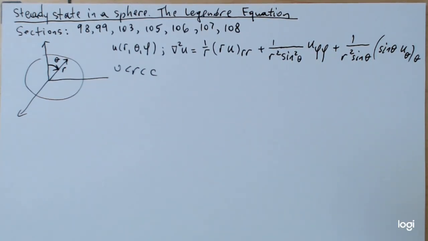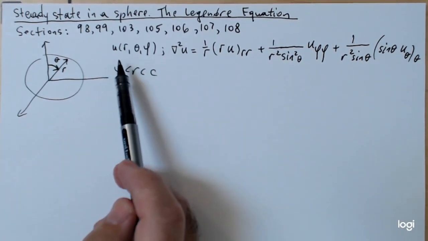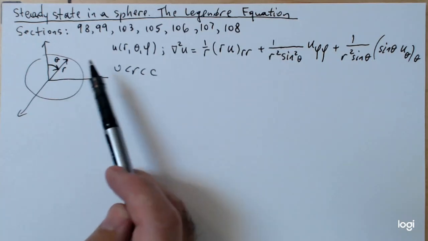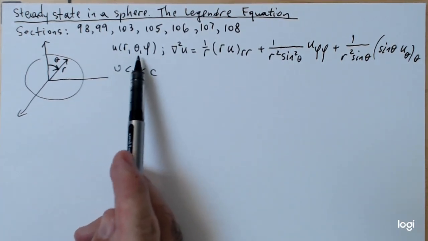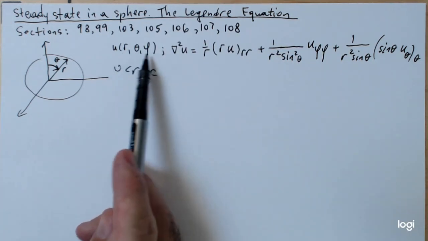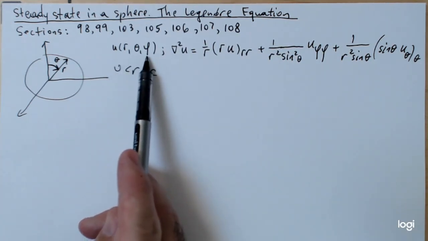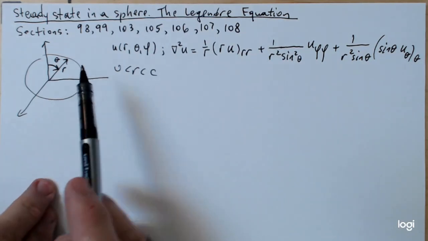Then the heat propagates, and the temperature of the object at a given point depends on the radius and the two angles in spherical coordinates. Phi is the polar angle and theta is the angle measured from the z-axis.